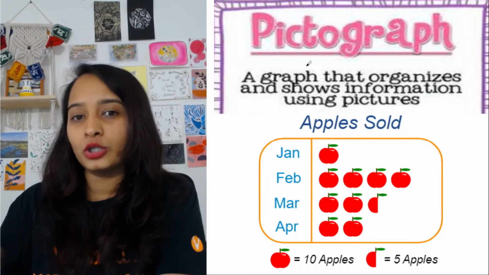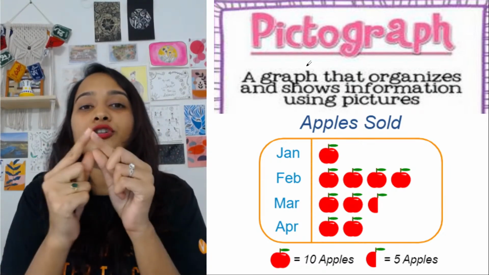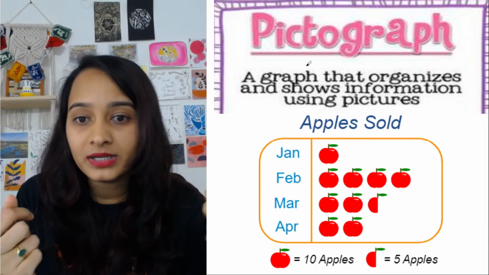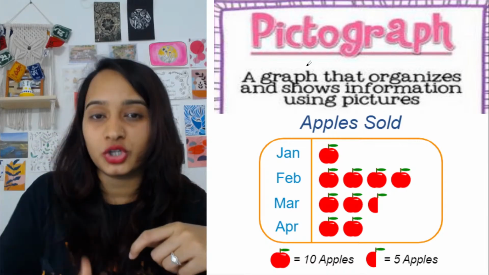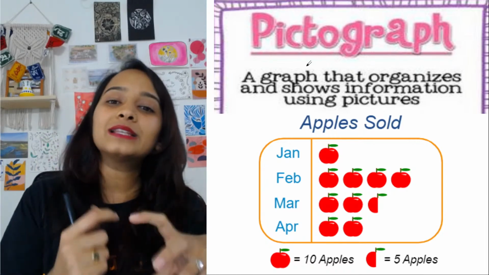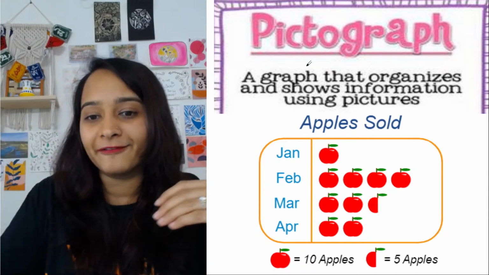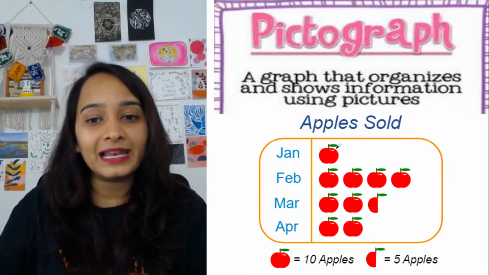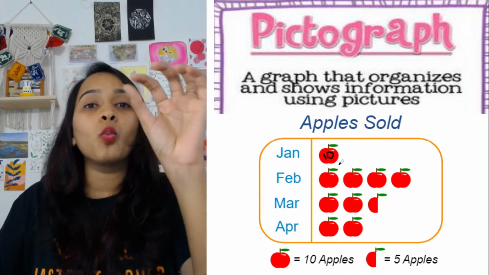Then comes pictograph. It is a representation, instead of tabular form in numbers, where we represent the information given to us using pictures or images. That's when we call that representation a pictograph. So instead of saying I have sold 10 apples in January, I have drawn 1 apple.